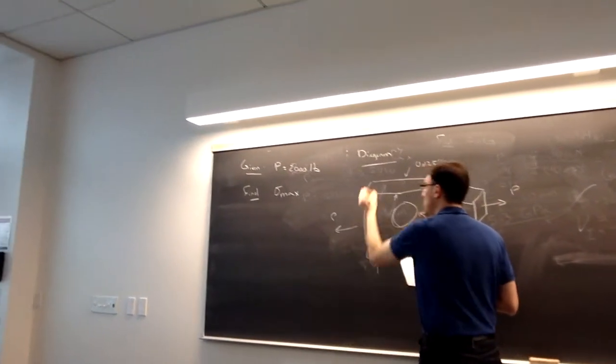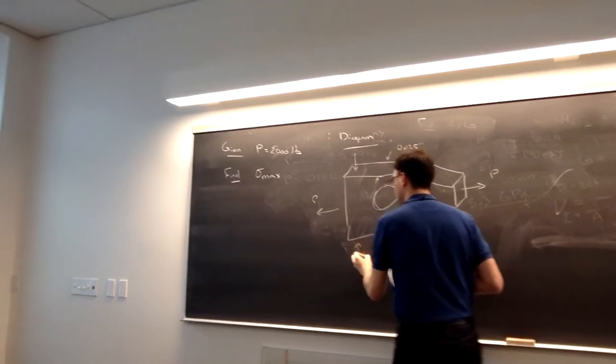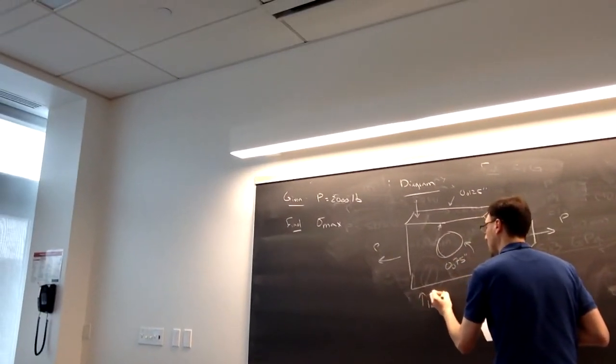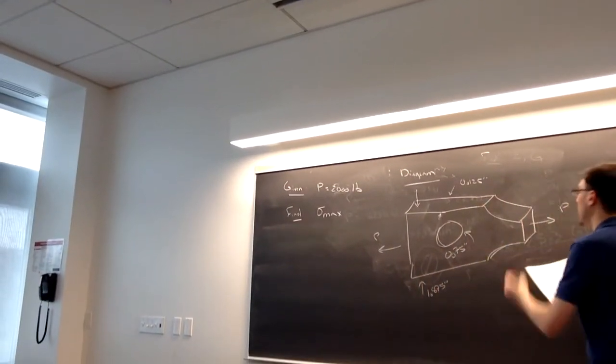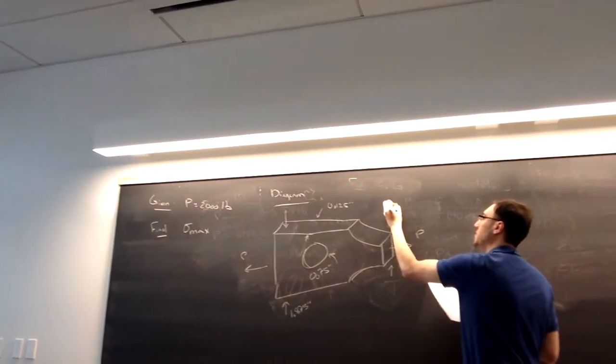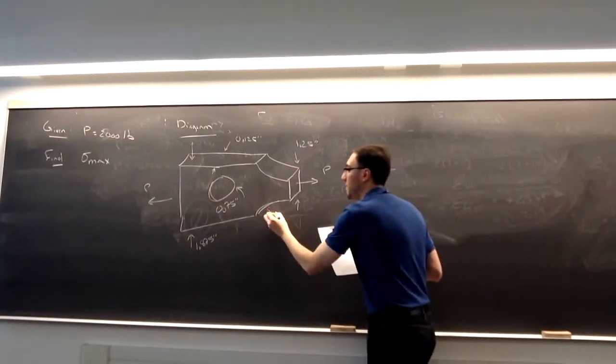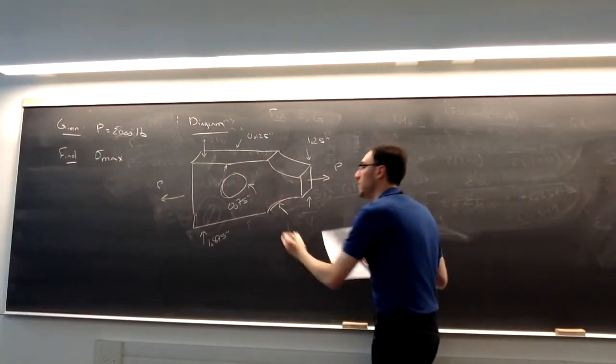The wider part of the plate is 1.875 inches. And the smaller part of the plate, 1.25 inches. And the fillet radius is 0.25 inches.